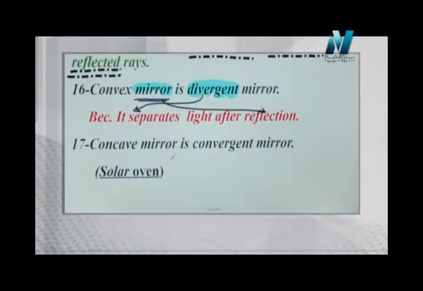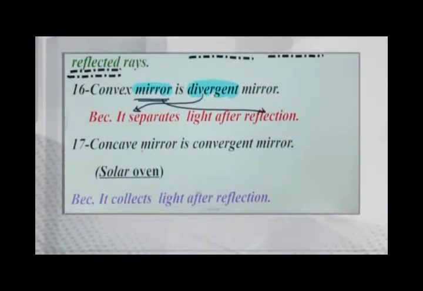Right? So we have two parts to answer here. I'll say: because it collects light after reflection. We have two parts: mirror, reflection, and convergent as collects.